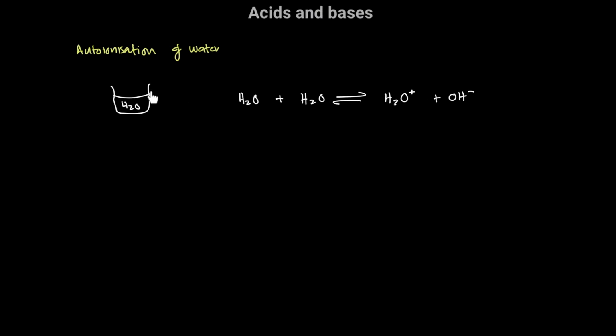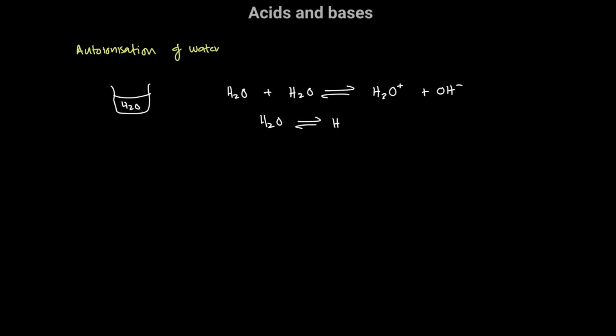Even in just pure water, if you just had liquid water sitting there, a very small fraction of water molecules would end up ionizing. The simplified form of this equation is simply H2O ionizes to form H plus and OH minus. These two equations mean the same thing.